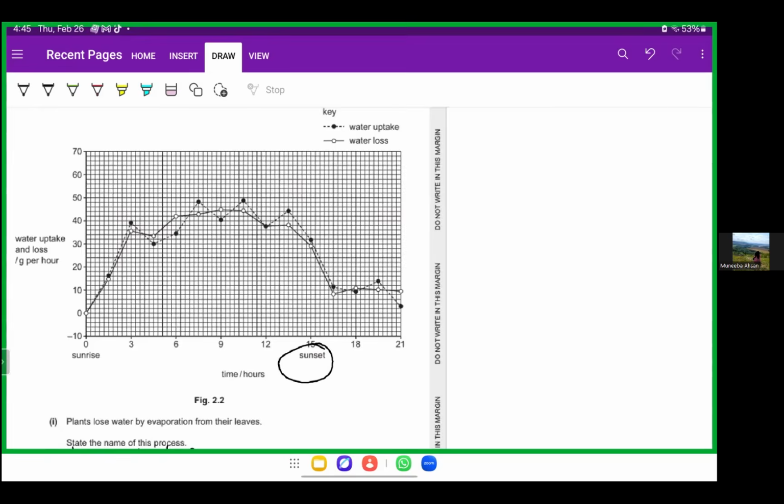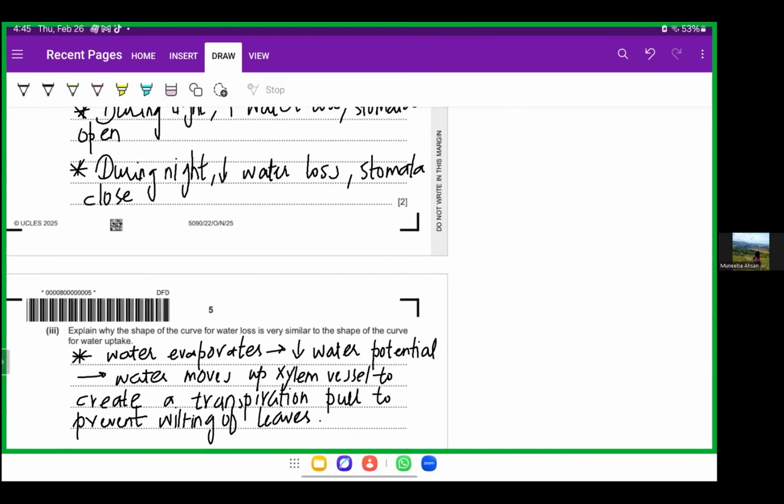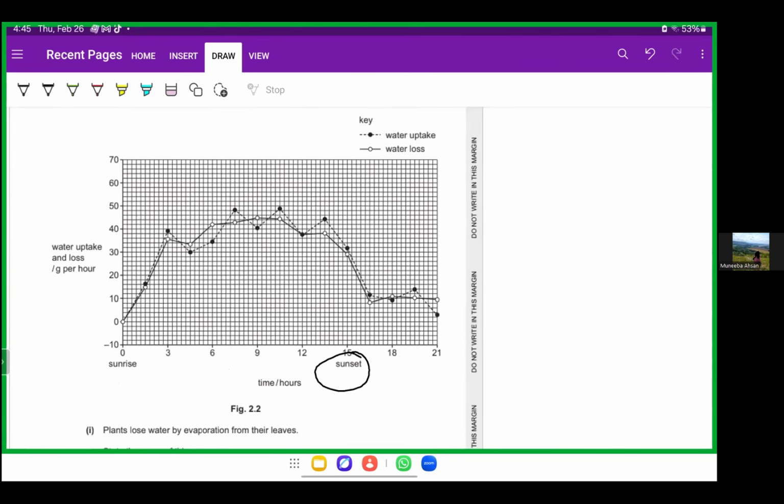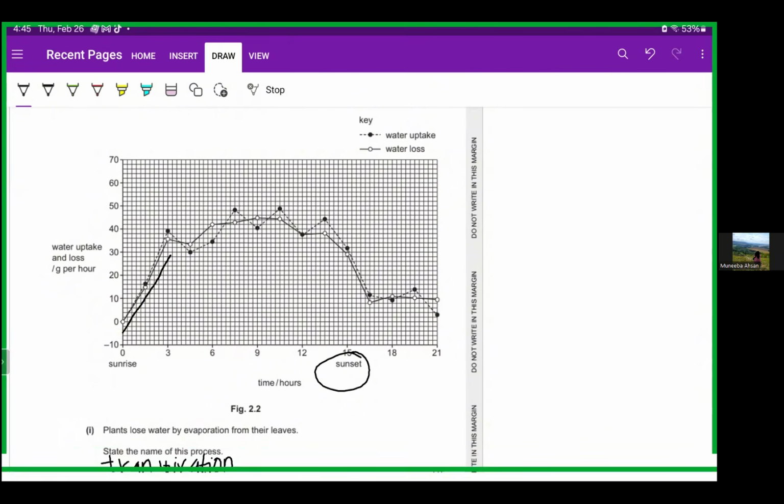However, let me confirm that we have to make the graph for the water loss. Yes. Okay, so this dotted line is your water, this solid line is your water loss. So you will draw the same curve but at the lower rate. So we'll draw this line up till here, then here, then here.